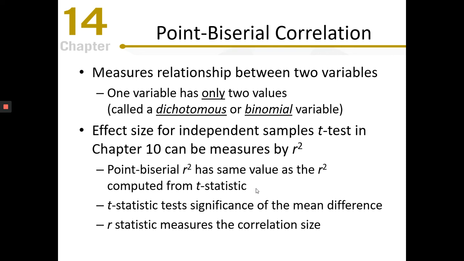Or you're comparing people who saw red versus people who saw green. That's the biserial variable, the dichotomous variable. And do they differ on attraction? So conceptually, this is very much just like the t. So probably t is easier to deal with, so you probably should do a t, but that's what a point biserial correlation is. You don't need to calculate it. Just remember roughly conceptually what it is.